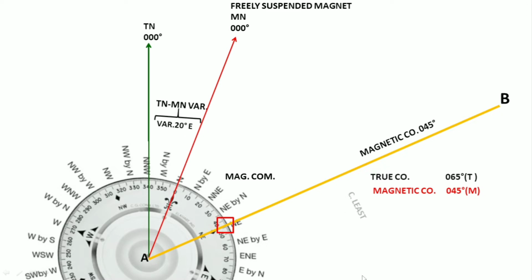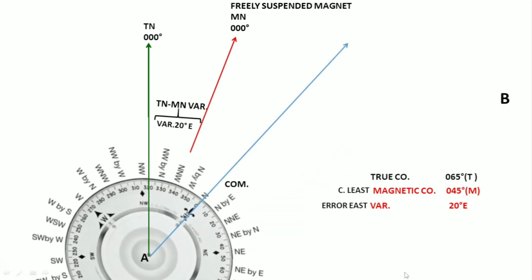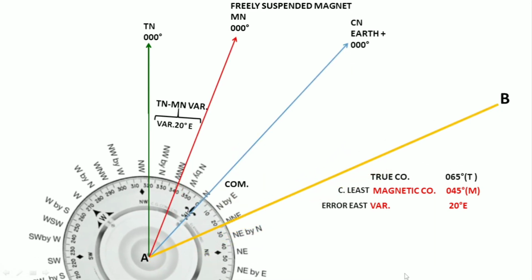And as I said, compass least, error east, compass west, error west. So compass is less, so variation would be east 20 degrees. Now if the same course was being read by the compass once it is placed on our ship, referred to as only compass, I can see that the compass course is about 025.